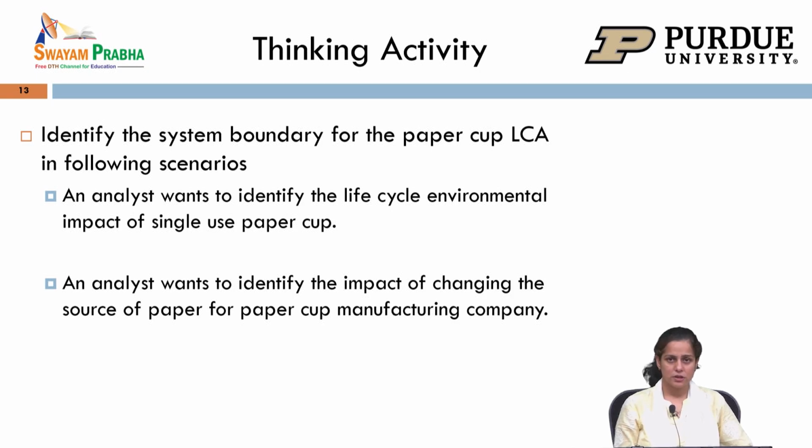Here the first LCA analyst wants to identify the life cycle environmental impact of a single use paper cup. The second analyst has a more specific goal. They want to identify the impact of changing the source of paper for a paper cup manufacturing company. So, go ahead and draw the system boundary for these two LCAs or goals defined, and then we will quickly go through the answers.